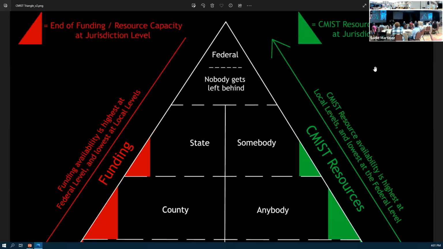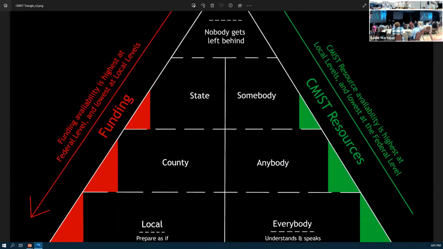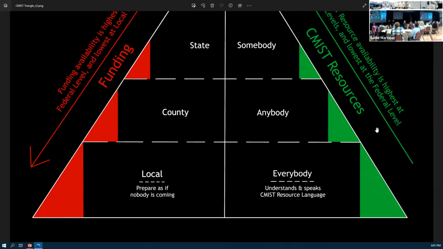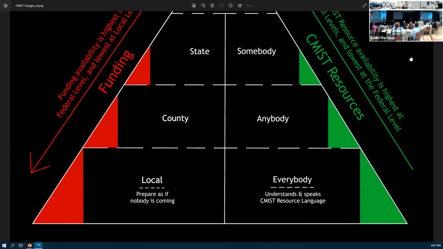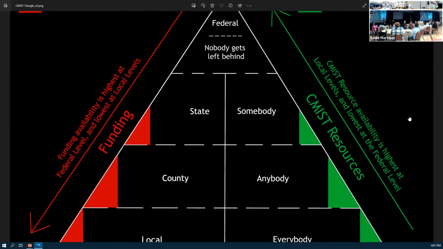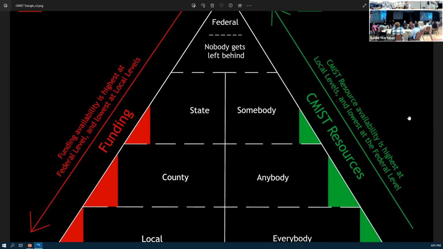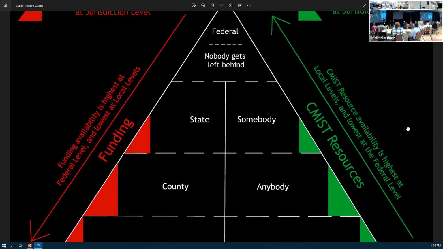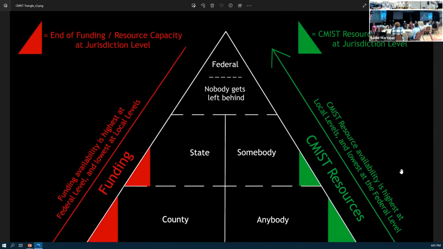What we're trying to do is have everybody understand and know what their CMIST resources are, and then anybody will be able to speak up and say, these are the resources I need, so that somebody, which in Colorado is our program, and we're helping design it all the way down to the local level, so nobody is left behind.